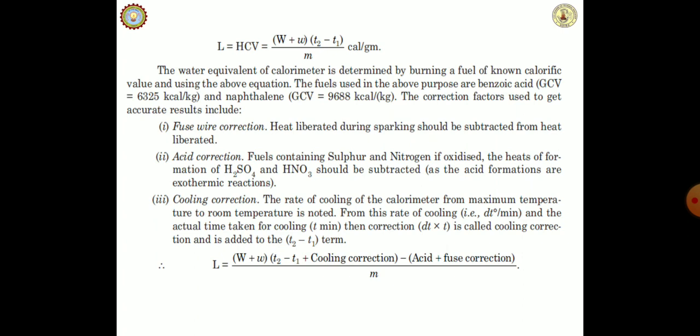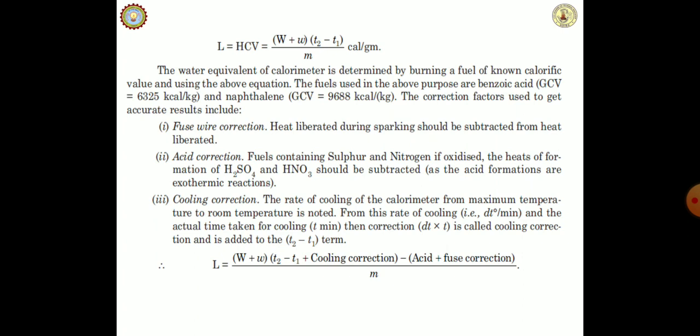From this rate of cooling and the actual time taken for cooling, the correction is called cooling correction and is added to the T2 minus T1 term, because in order to increase the observed temperature, this cooling correction is required.